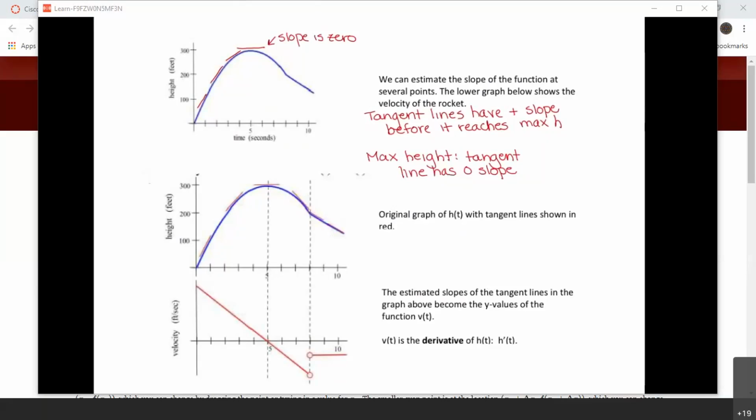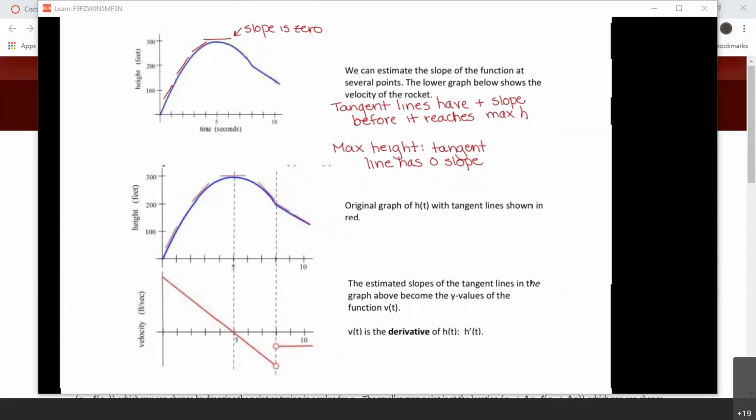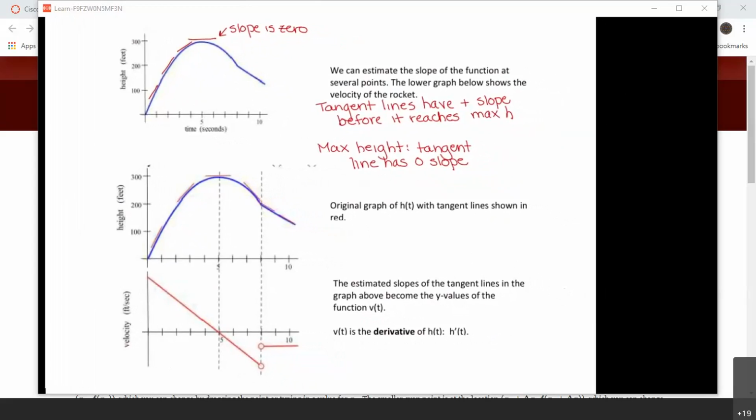And calculus is a really easy way to find the maximum and minimum points. Don't also forget that some functions are hard to graph. They're hard to see where the maxes and mins are, but the calculus will tell you pretty much right away. So I'm trying to give you a sales pitch as to why would I want to do this?